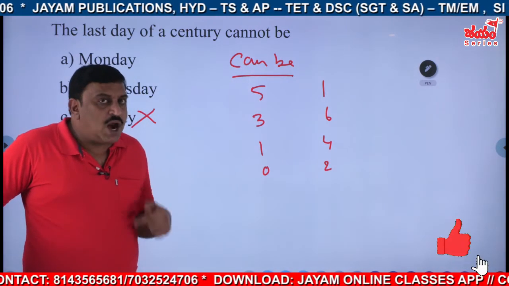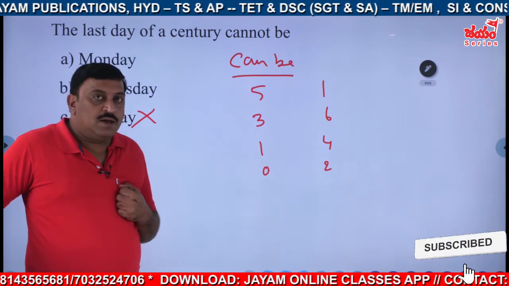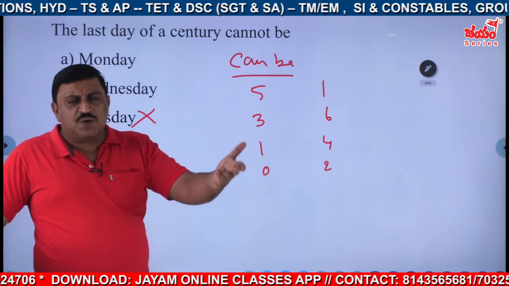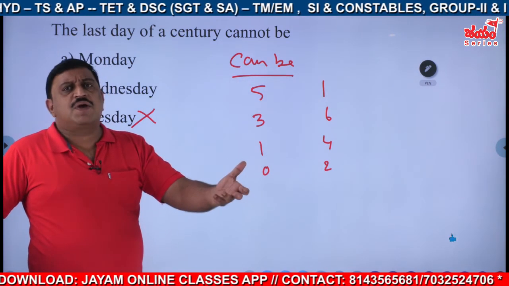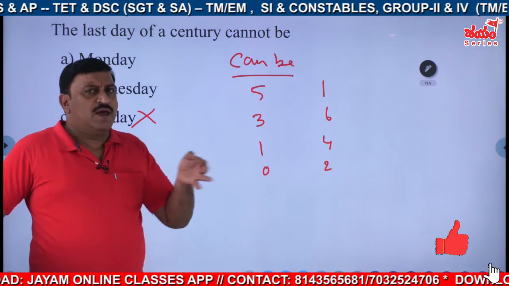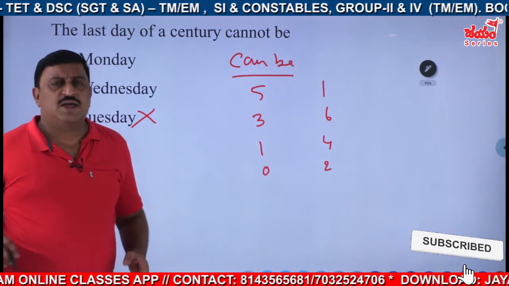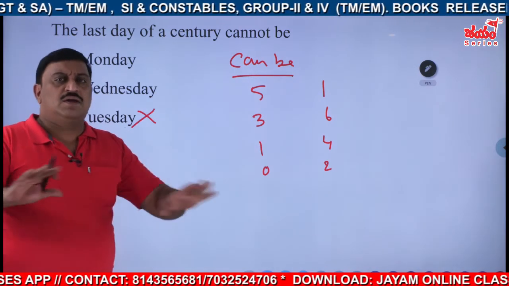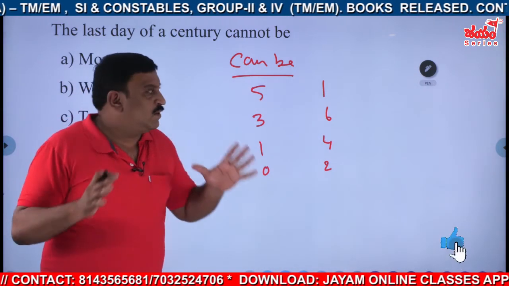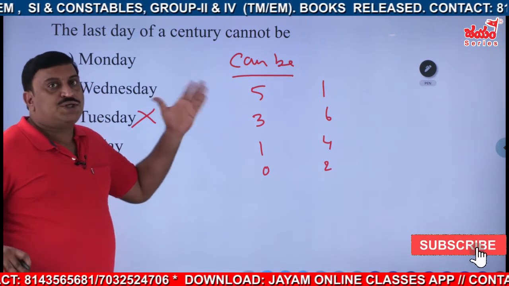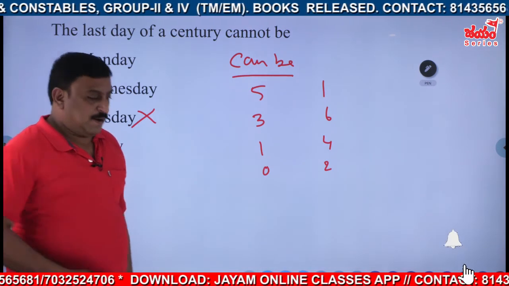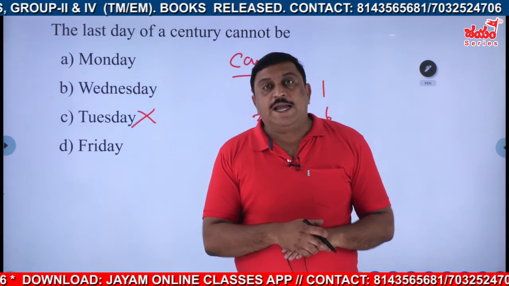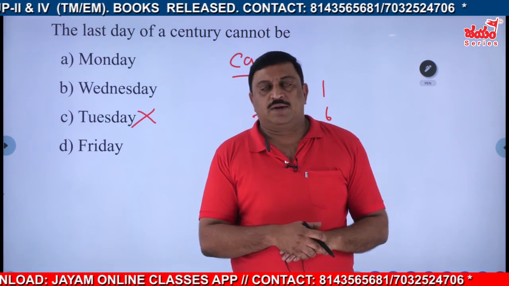Can a century start with Sunday? No chance. Like this, there will be many framings of questions. On this I gave only one example. Previous questions, if you see, are almost similar, but not that analytical. But I gave all the concepts, the background behind the century years. Clear? Then, this is how this is useful for your final day calculation. That is very important, right?